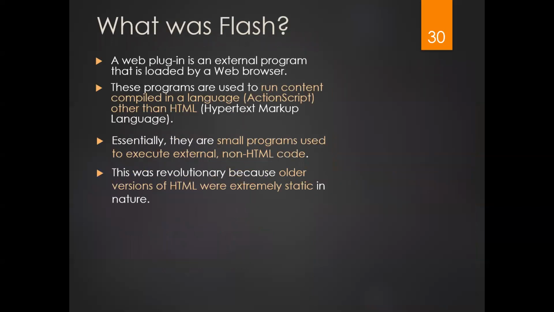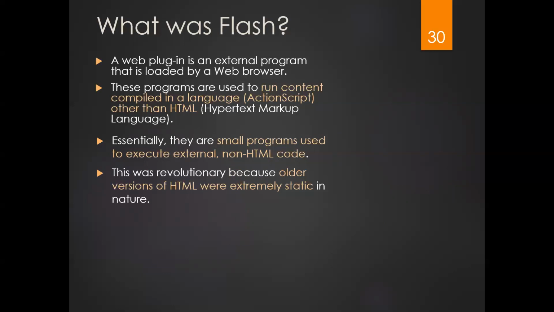And since we're talking about web mapping and dynamic programming, you need to know this. It's called Flash. Okay, so Flash is used to make web plugins. And a web plugin is an external program that is loaded by a web browser, which means that in the past, it was pretty hard to use HTML, hypertext markup language, to add dynamic elements into your website, into your web page, or into your web maps.